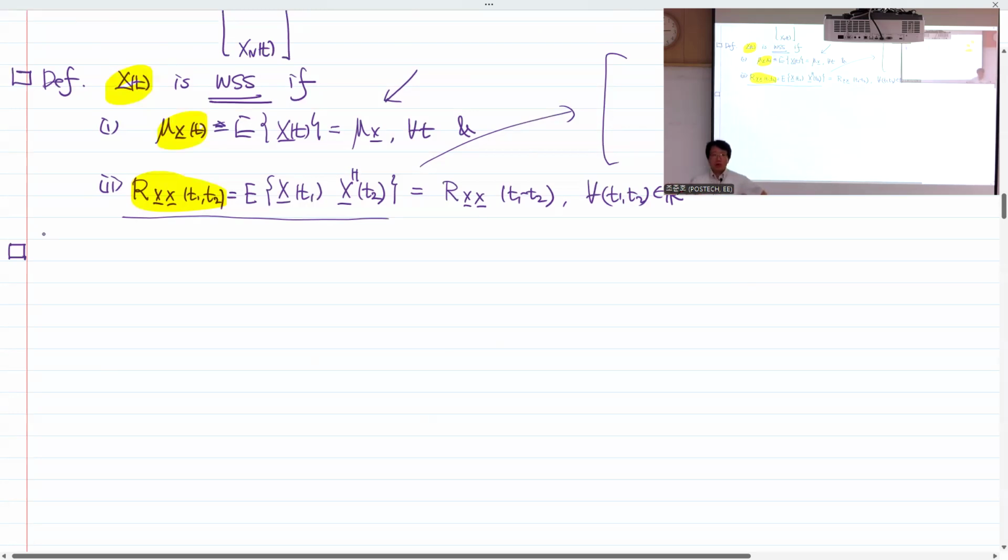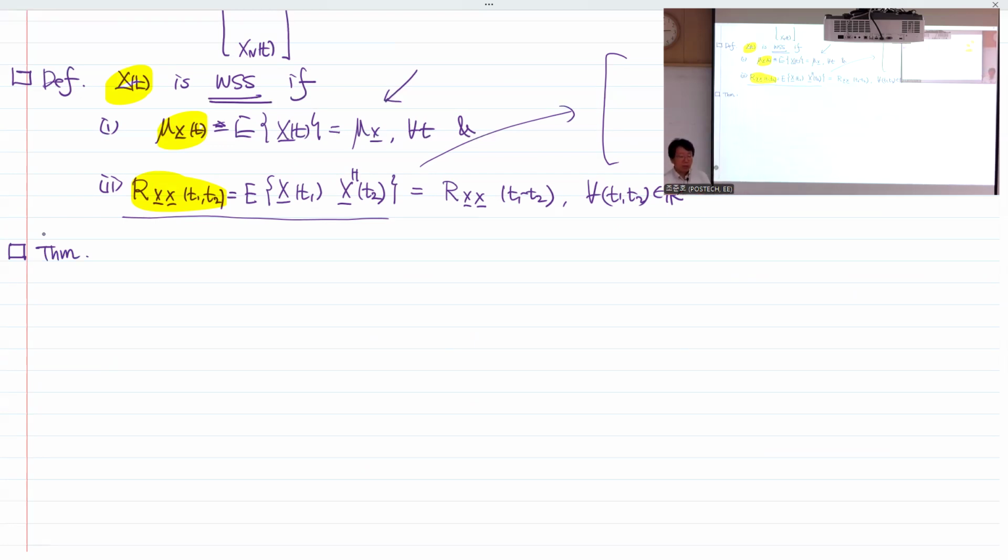Now, anybody want to define some spectral property of this wide-sense stationary random process? By the way, you know the famous theorem by Wiener and Khinchin. They relate the power spectral density of a general random process with its autocorrelation function. And its simplified version, or corollary, for a wide-sense stationary random process is what?